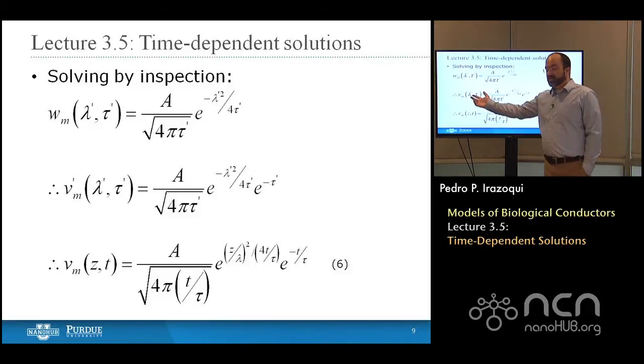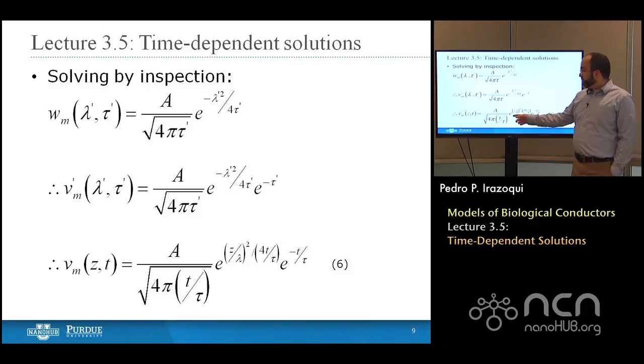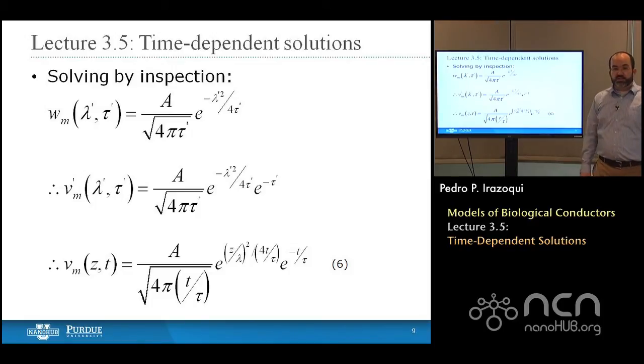And so we reverse that substitution as well to find that the membrane voltage as a function of space and time, z and t, is equal to some constant A divided by the square root of 4 times pi times t over tau, multiplied times e raised to the minus z over lambda squared divided by 4t over tau, and then all of that multiplied by e to the minus t over tau. And that is the time-dependent solution to the cable equation.